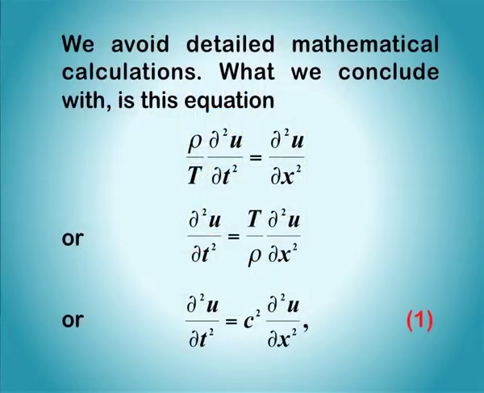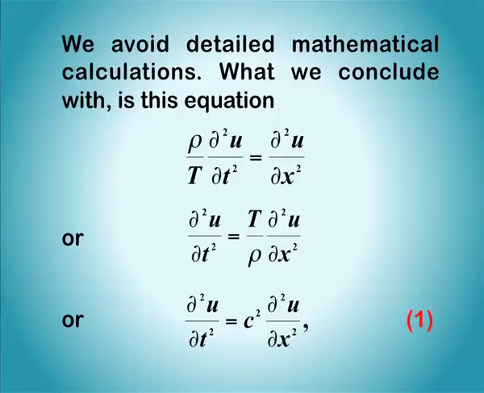We avoid detailed mathematical calculation. What we conclude with is this equation. Plenty of calculations are involved in getting to equation 1, but what we intend to do is to give a very brief account, and to remind you, we are still going on with the partial differential equation, same notation, d2u upon dt square, d2u upon dx square.